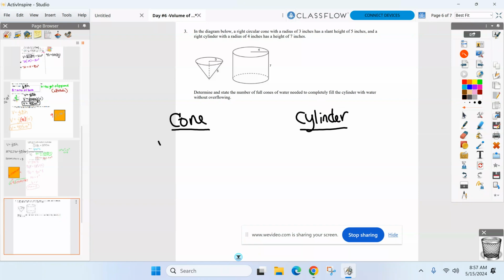All right, so cone, just to make sure you guys start off on the right foot. One-third. Nobody's plugging in 5, I hope, for the height. That's slant height. Use your Pythagorean theorem to find out what the actual height is, the altitude.